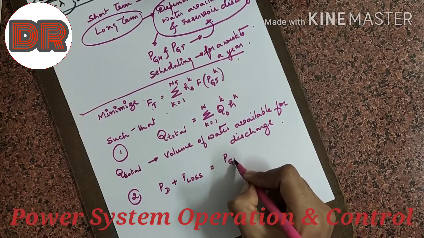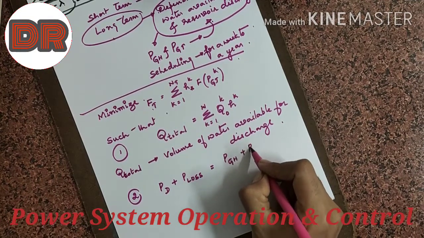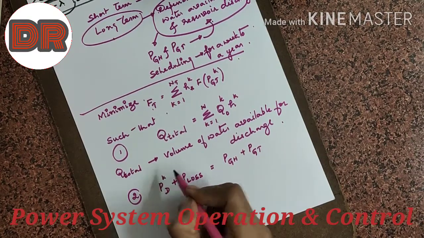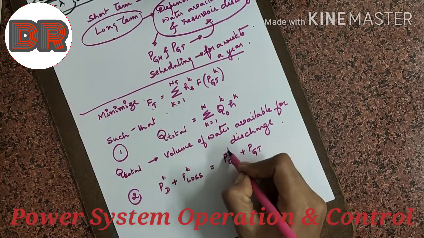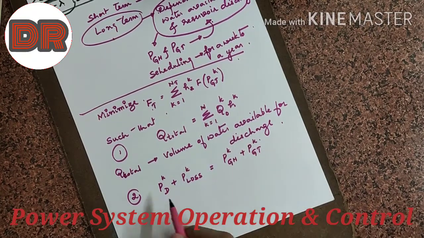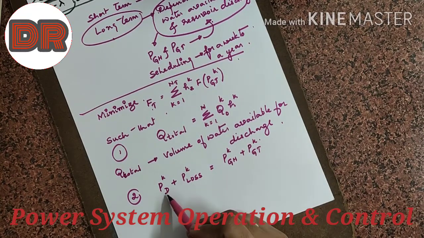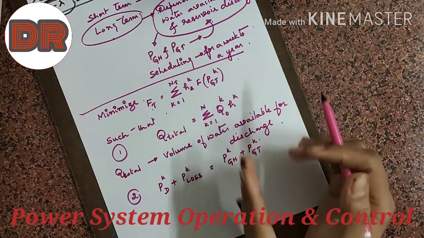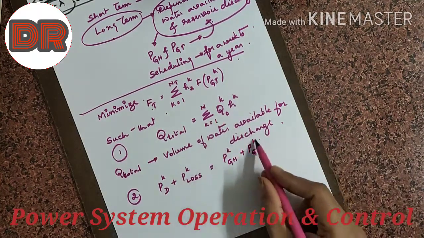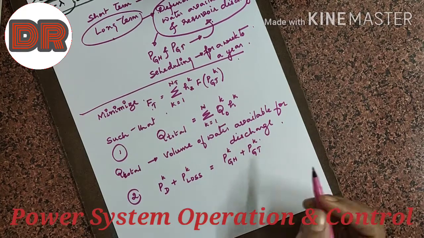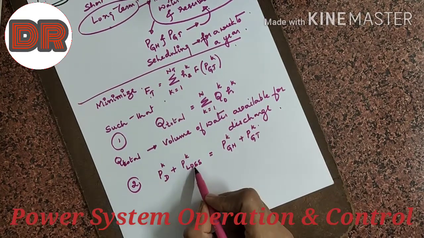It is PGH plus PGT. Let me write it for the interval notation, for each interval represented by K. PD is the P demand or P load, plus P loss, gives us the sum of generation. So this is the generation, and this is the consumed power or the demand, including loss.